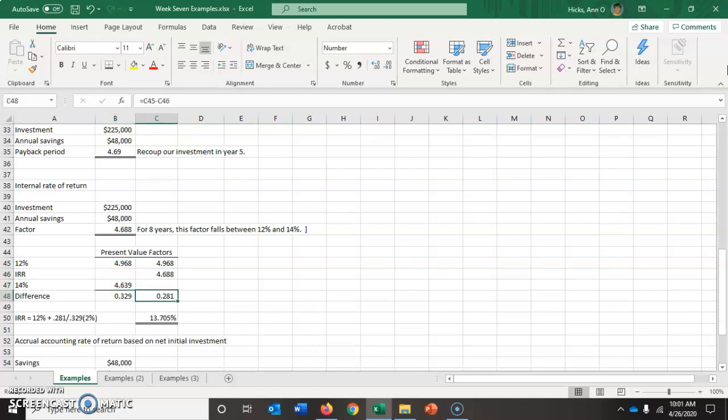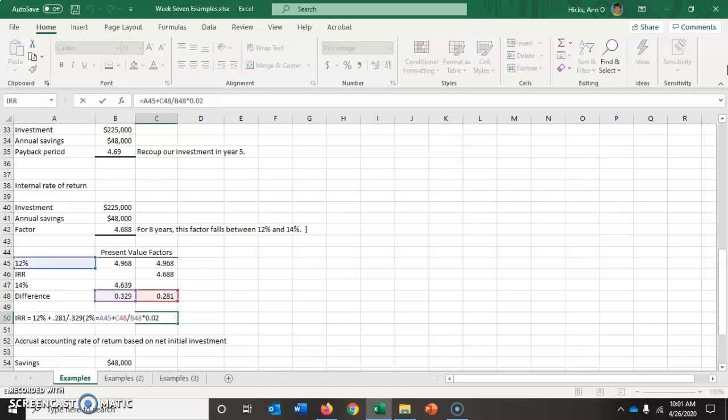Then I'm going to take the difference between the factor at 12% and the IRR factor. And I'm basically going to add to the 12% a proportionate amount of the 2% difference between 12 and 14.